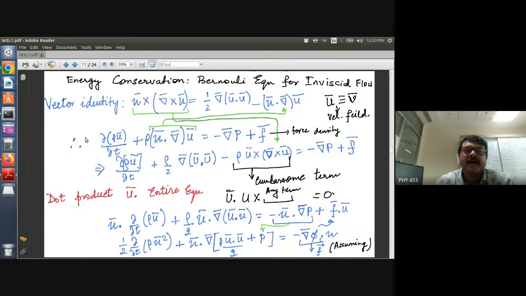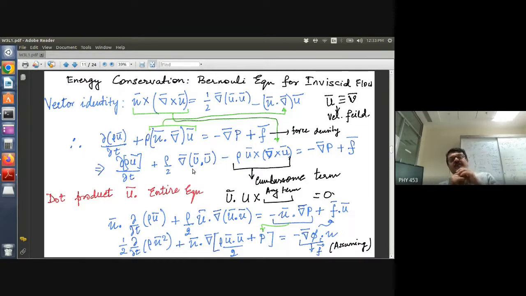If this is the expression for the Euler equation, incompressible flow, no viscosity, then this U dot grad U can be replaced using this particular vector identity. So you see here, you have U dot grad operating on U. So suppose you take it on the left hand side and this on the right hand side. You see that this term is sitting here and this term is sitting here.